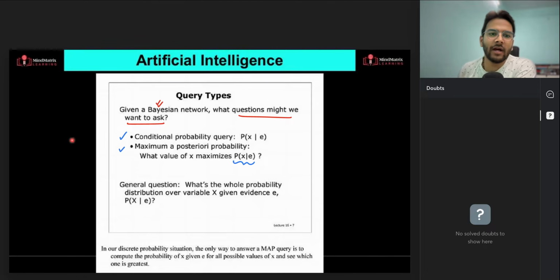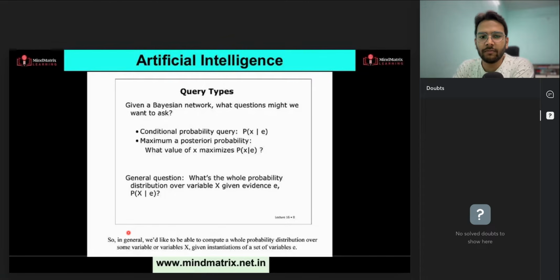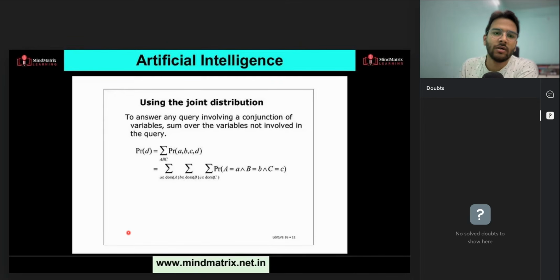But if I ask a general question, what is the whole probability distribution over variable X given evidence E? For such questions, what can we do? Basically we can simply use the joint distribution, yes or no?